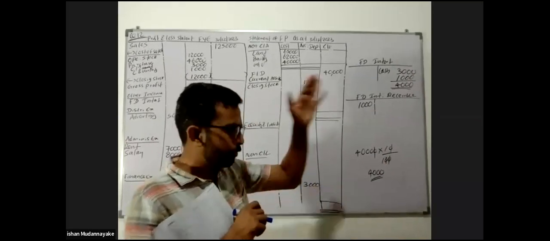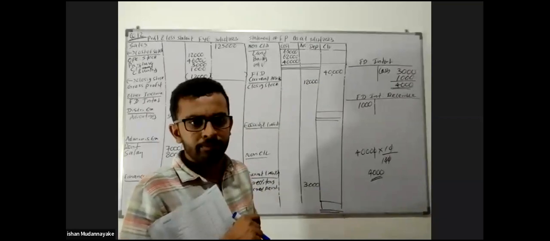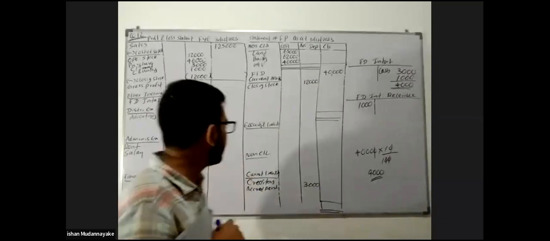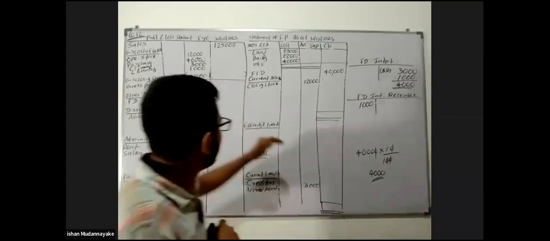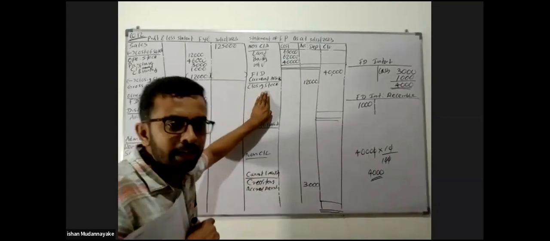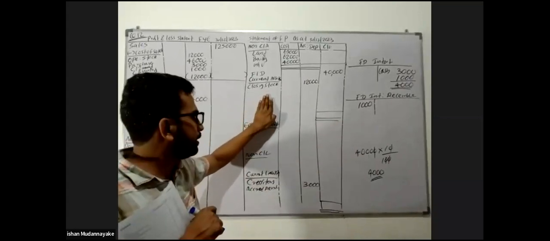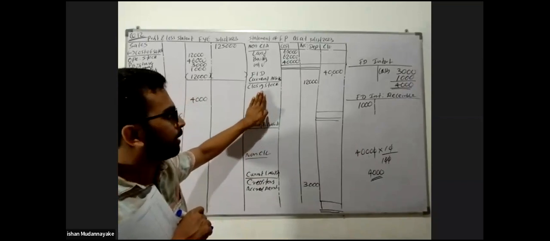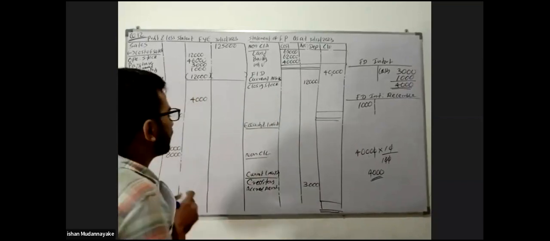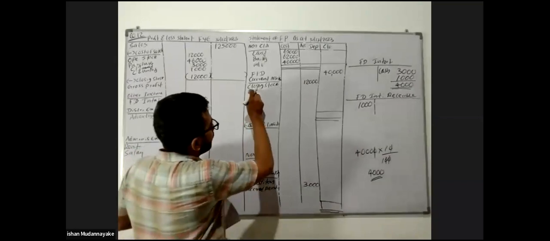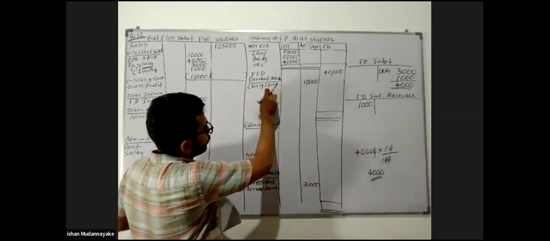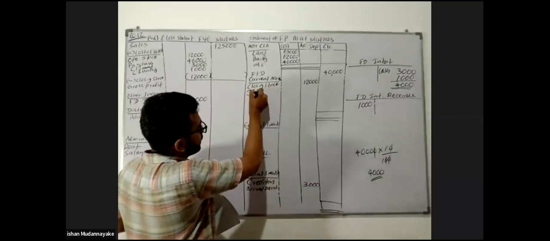This FD interest 1,000 receivable needs to be collected in future. This 1,000 should be recorded under the current assets. Under current assets, in the first row you write down closing stock, and after that debtors.